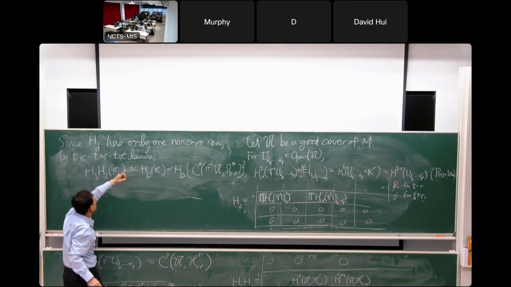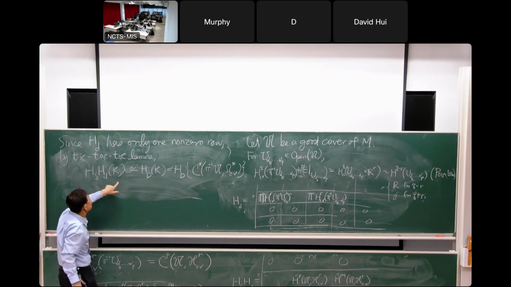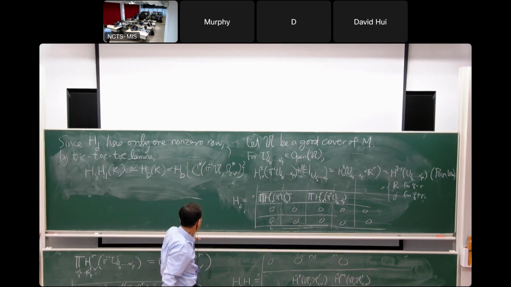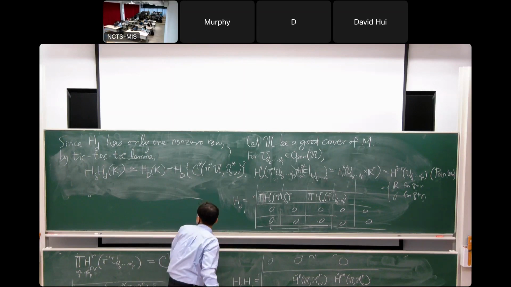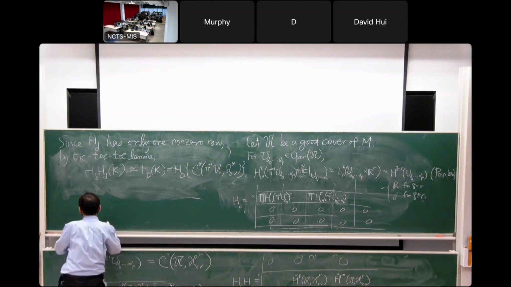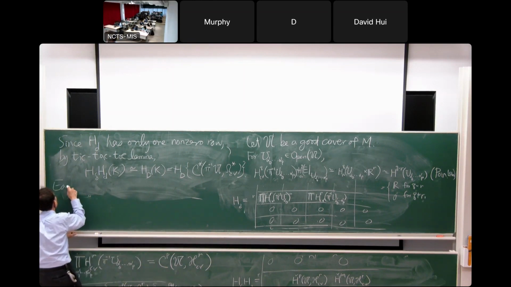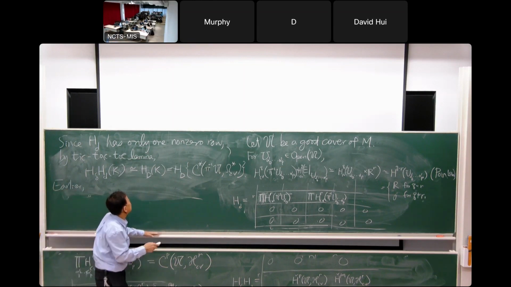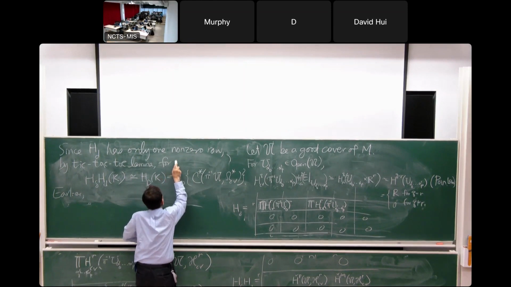Yeah, if H_D has only one non-zero row, then by the tic-tac-toe lemma, H delta H_D is H big D of K. And earlier, when we had a single non-zero column, yeah, this is for a good cover.